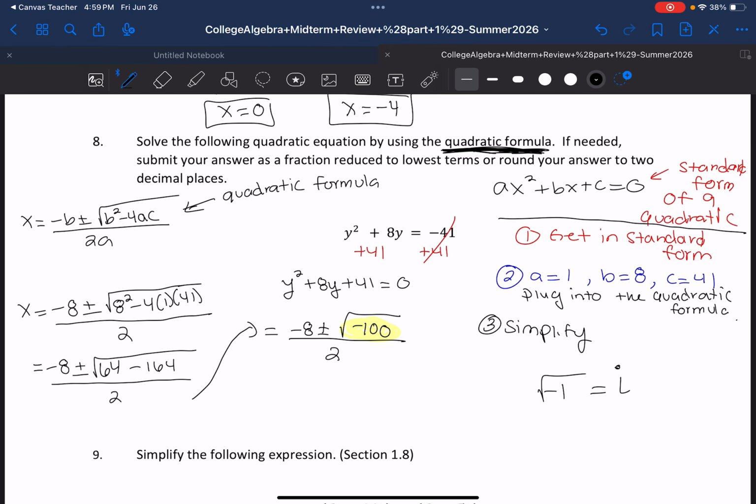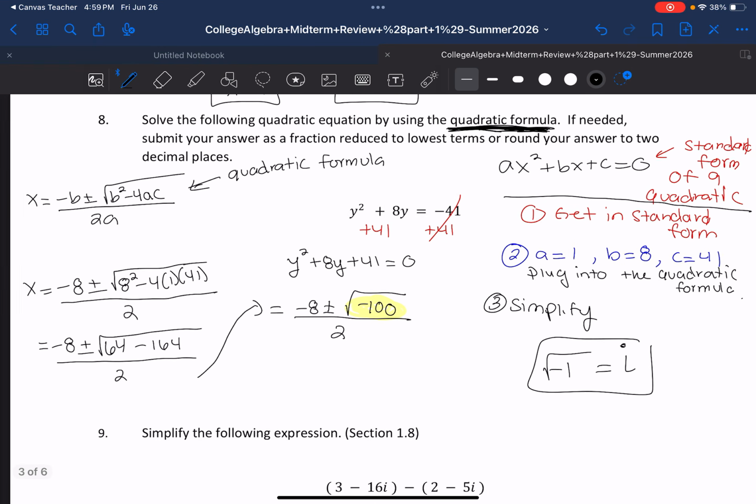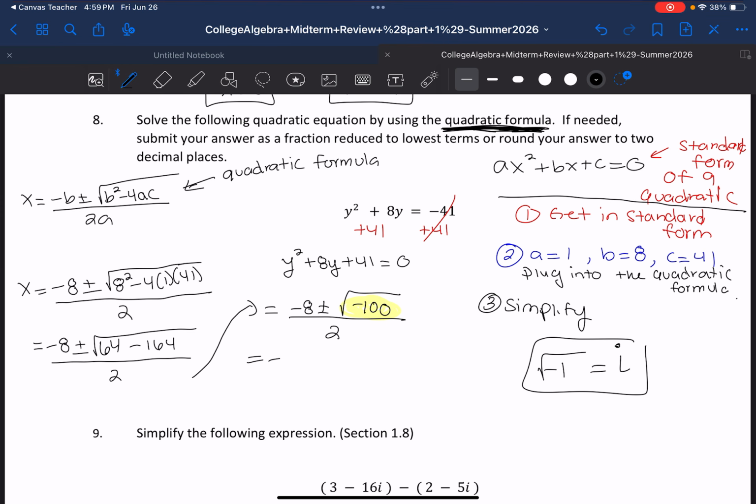So we learned about those in section 1.8 in our complex numbers. So anytime you see a negative underneath the square root, you need to simplify that and rewrite it in terms of i. So this would be negative 8 plus or minus 10i, because the square root of 100 is 10, and the square root of negative 1 is i. And this is all over 2.